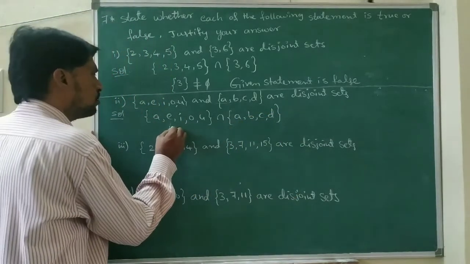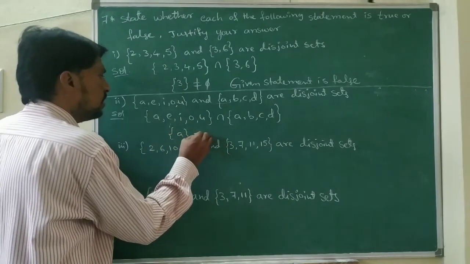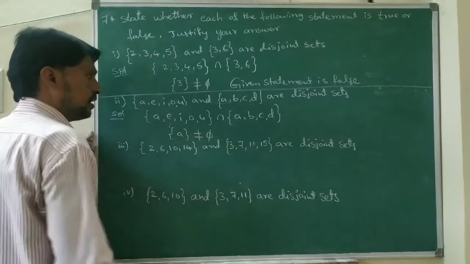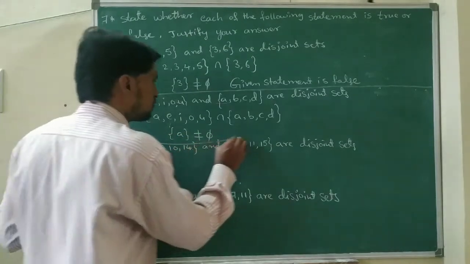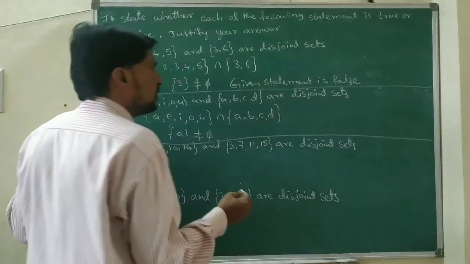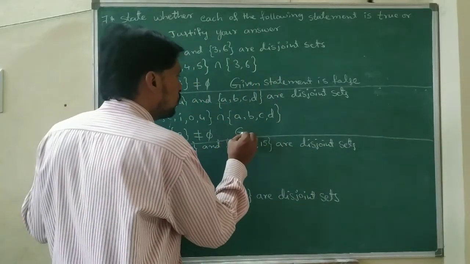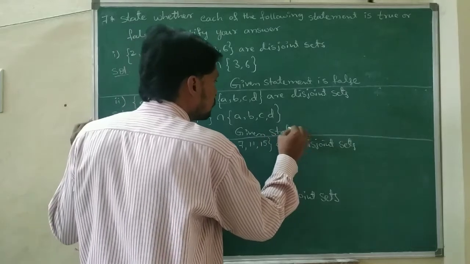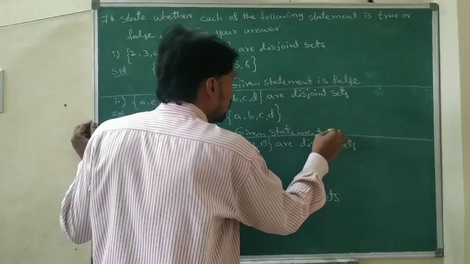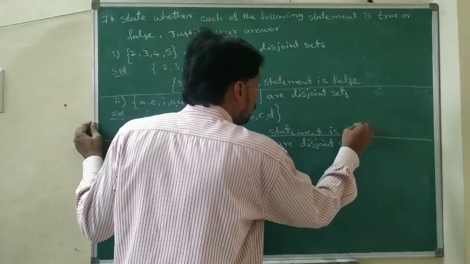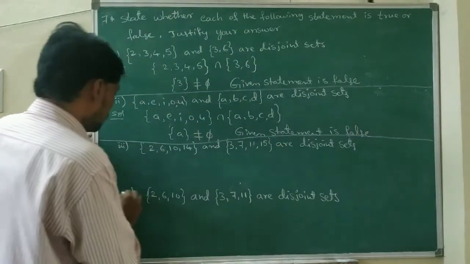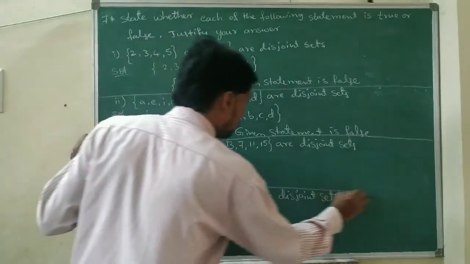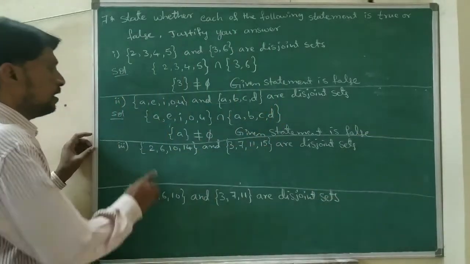A is the common element in both, which means it is not equal to phi. It is not equal to phi, which means the given statement is false. Next, third one.